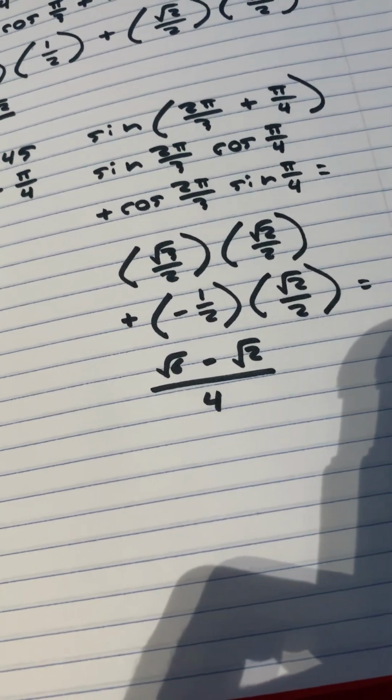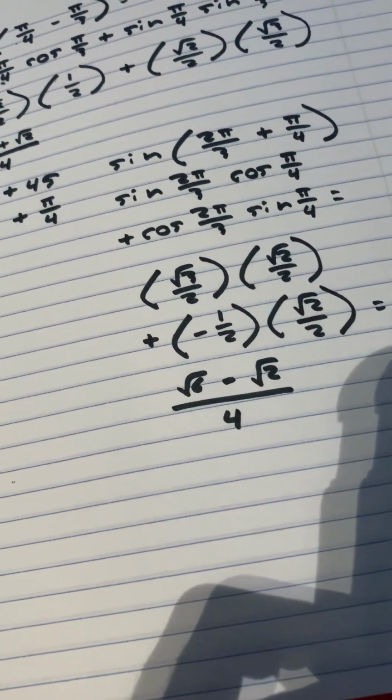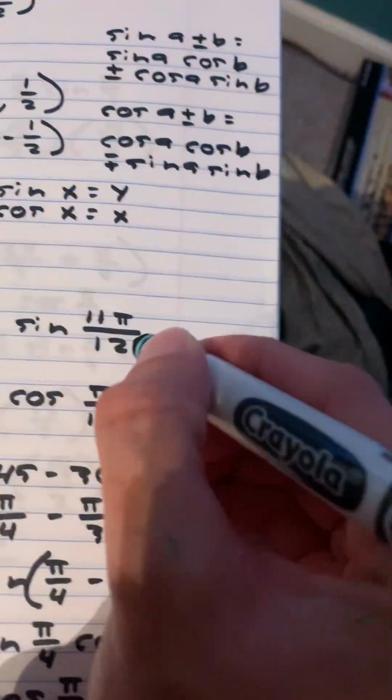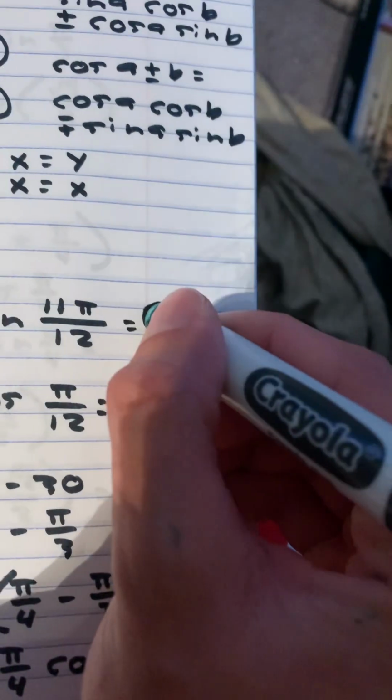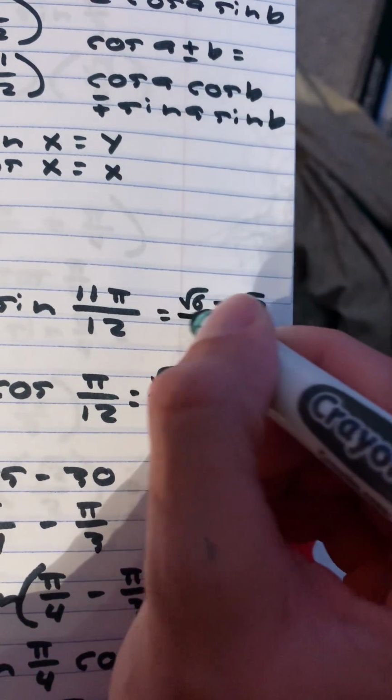The sine of 11 pi over 12. Hey, look at that. I'm right. So, the sine of 11 pi over 12 is going to be the square root of 6 minus the square root of 2 all over 4.